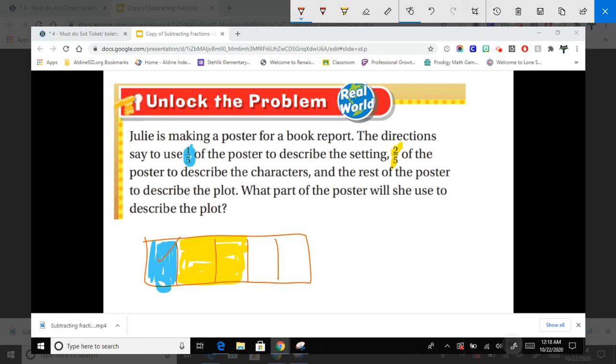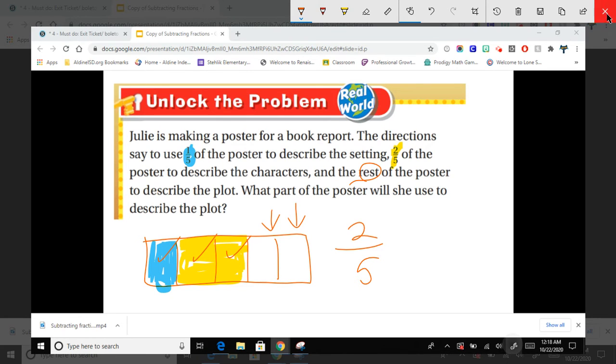This is the characters here, and the rest of the poster to describe the plot. So the rest are these two. So we have 2 out of 5. Okay, we got that.